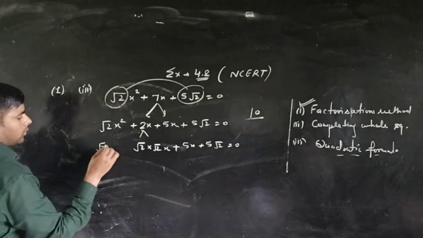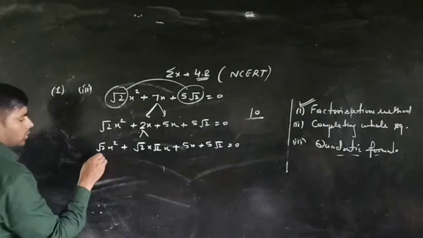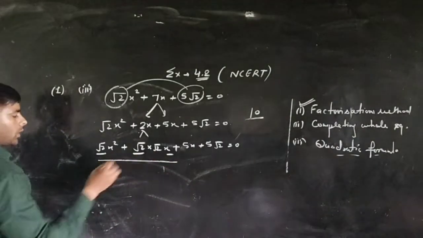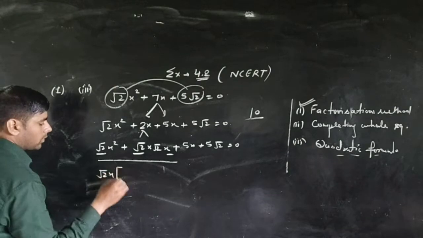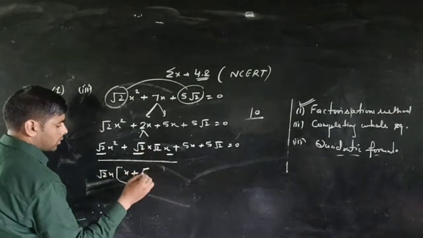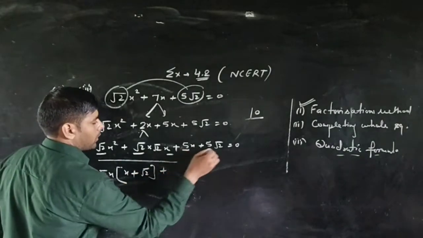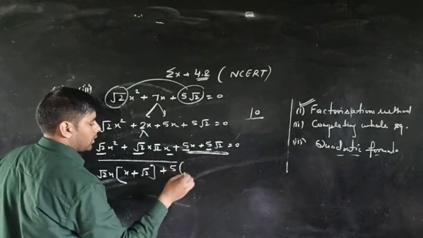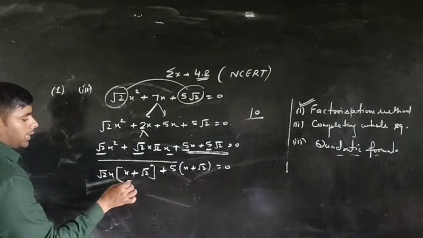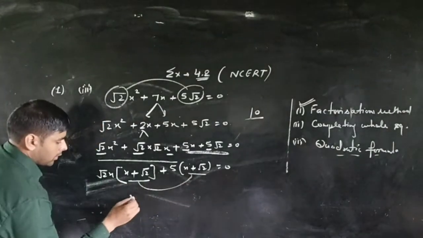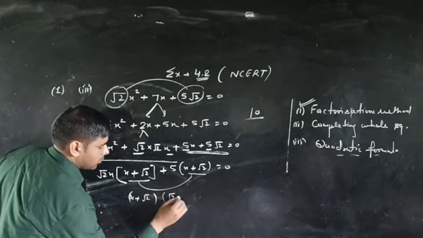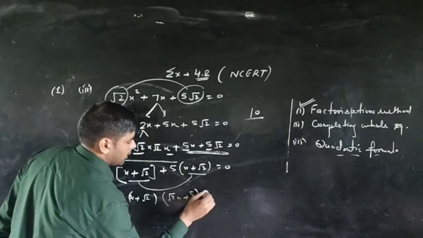Taking root 2x common from the first two terms, we get x plus root 2. From the last two terms, 5 is common, giving x plus root 2. Now taking x plus root 2 common, we get x plus root 2 times root 2x plus 5 is equal to 0.